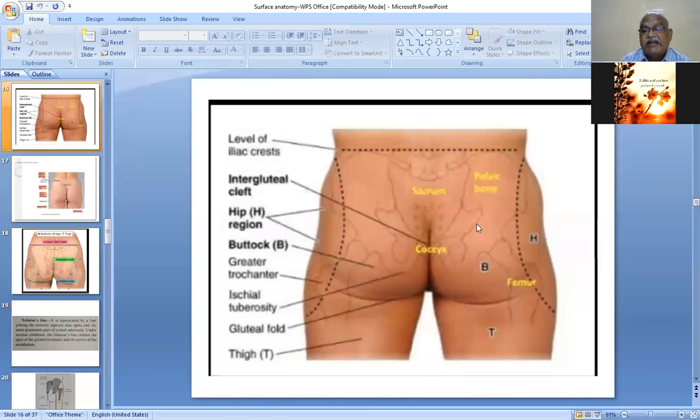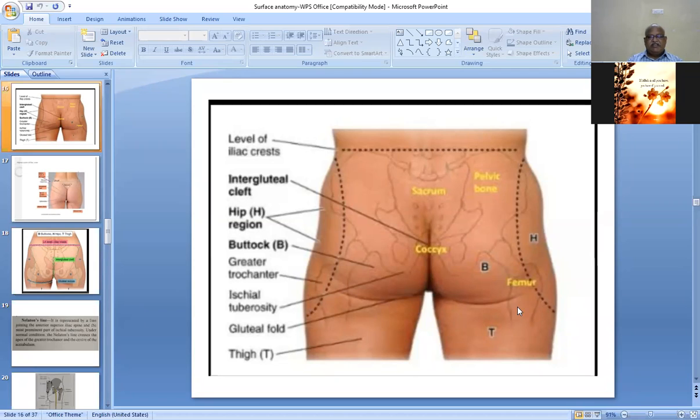This is the pelvic bone, sacrum, coccyx, and these are lateral flaps. You see the diagram; it has become clear-cut.